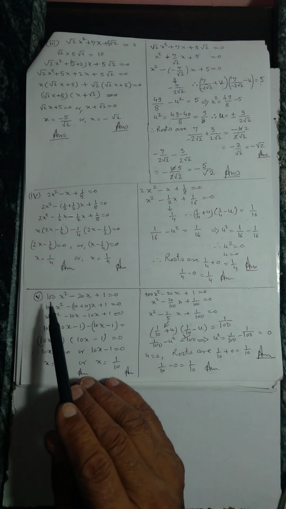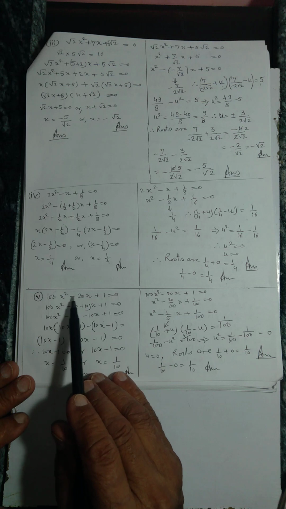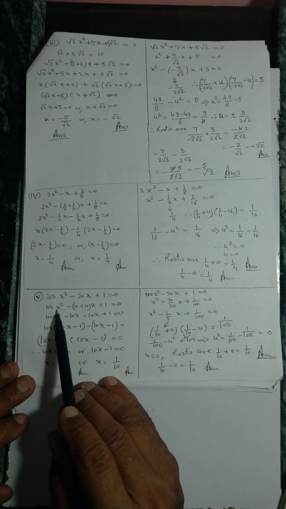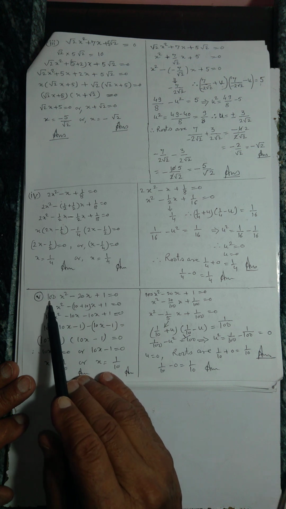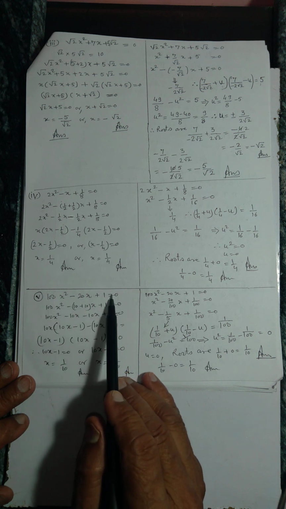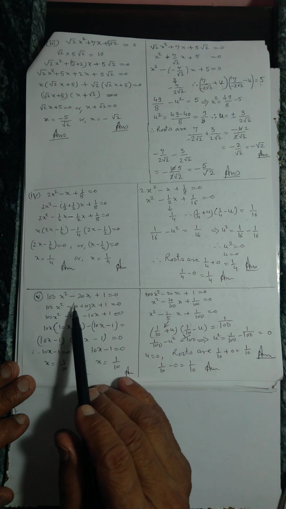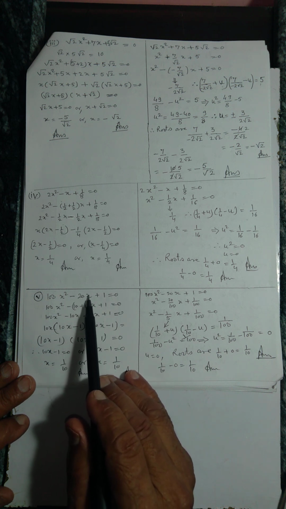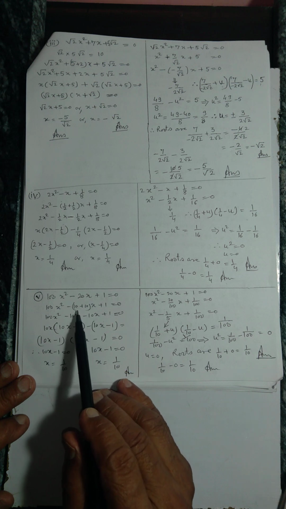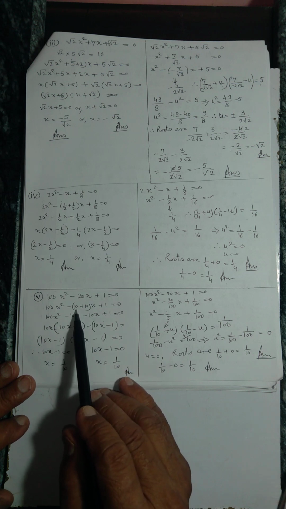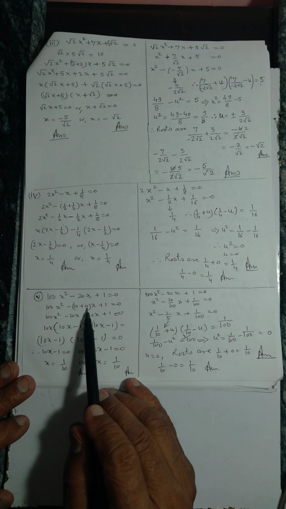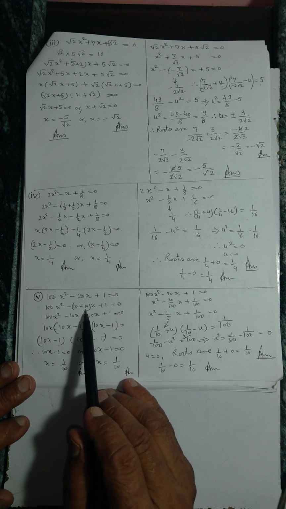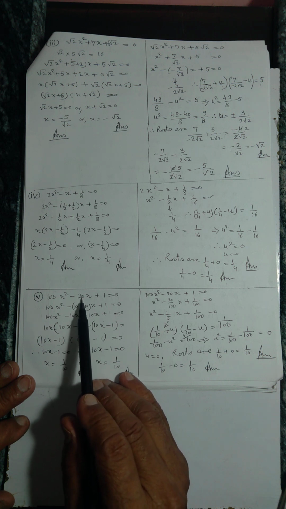Now the fifth part, 100x square minus 20x plus 1 equal to 0. So for 100x square, you see 100 and 1 will be multiplied. So we have to split the middle term, the coefficient of x, in such a way that its product should be 100, and if you add it, it should come to 20.